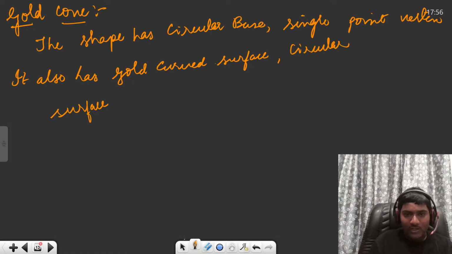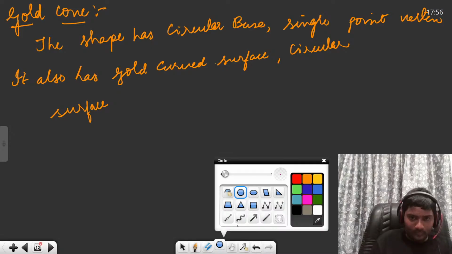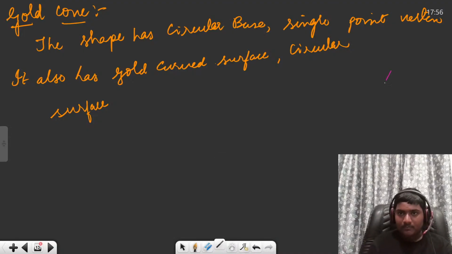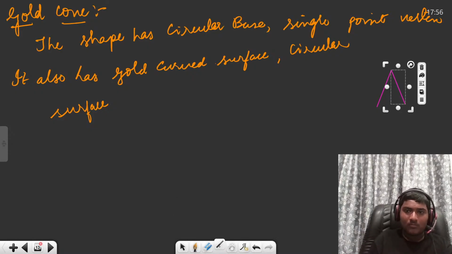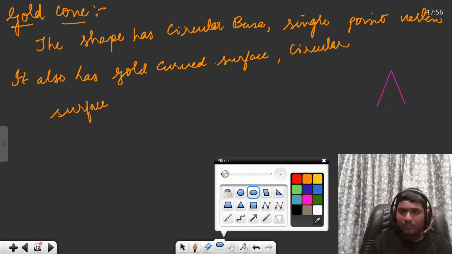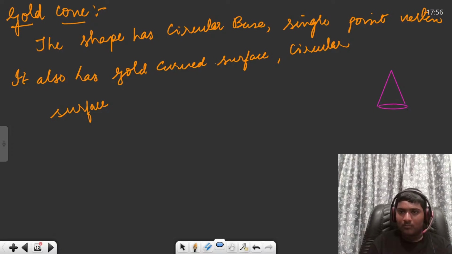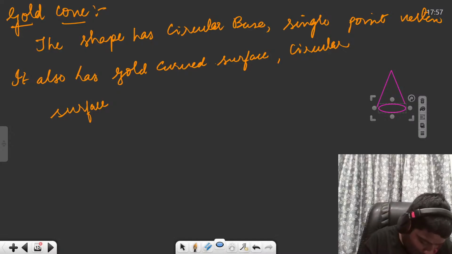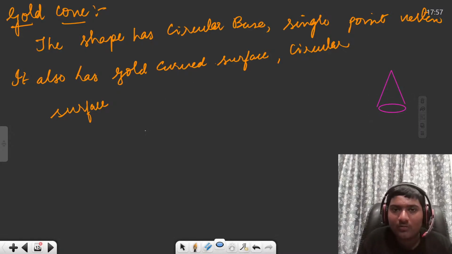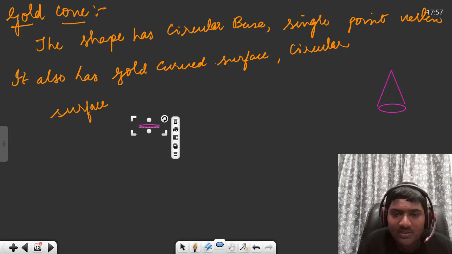Now I am going to draw the diagram. Okay, children. So this is the shape of the gold cone.